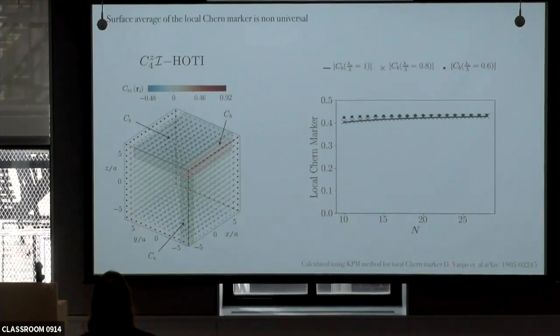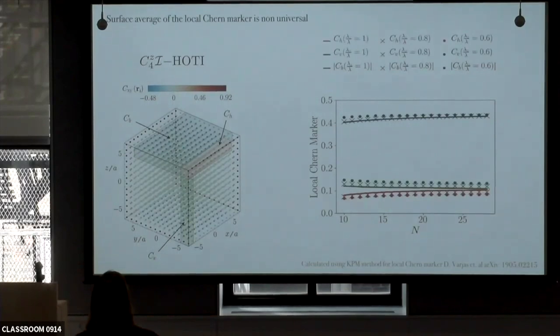But now if you look at the hinge modes, if you have totally symmetric hoppings in the vertical and the horizontal directions, then this contribution of the hinges goes to the same value. But as you start deviating from this very symmetric limit, which are these other crosses and dots, then they start deviating.